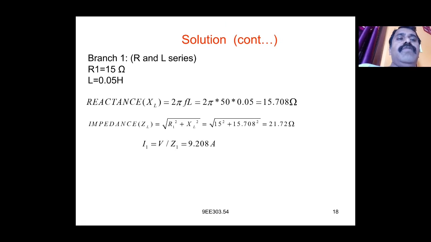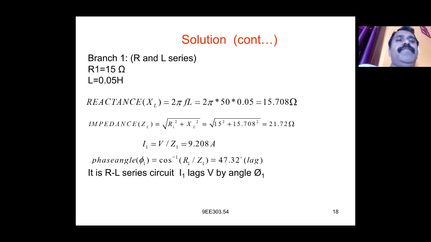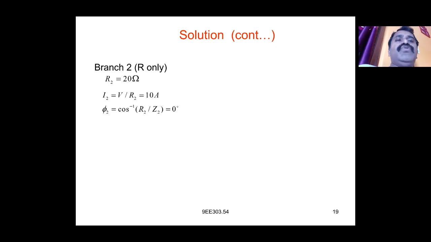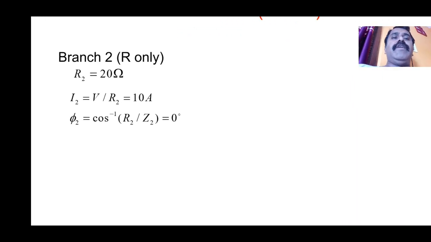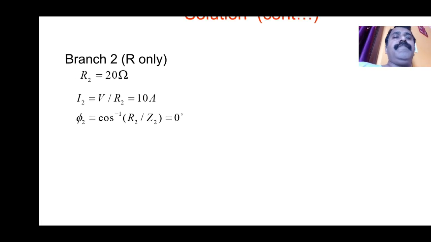So I1 is equal to V by Z1, I1 is equal to 9.208 amperes. Phase angle phi 1 is equal to cos inverse of R1 by Z1, that we get as 47.32 degrees. In an RL series circuit I1 lags by angle phi 1. For branch 2, only resistance R2, again we can take I2 is equal to V by R2, which is equal to 10 amperes. Phi 2 is equal to cos inverse of R2 by Z2.